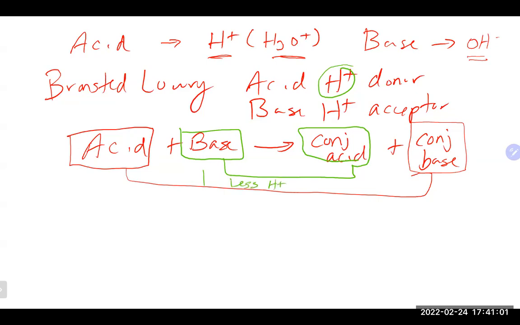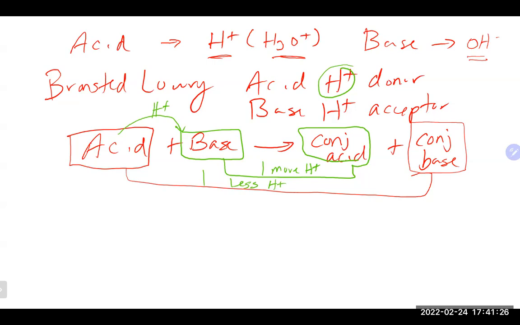And in the case of the base, it's going to be accepting the H plus, which means the conjugate acid will have one more H plus. That is how you can determine if you have a conjugate acid or a conjugate base: they are related to each other by just that one H plus difference.